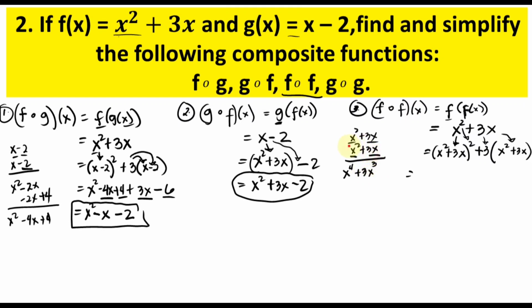Then 3x times x squared that is 3x cubed plus 3x times 3x that is 9x squared. So simplify that is x raised to 4 plus 6x cubed plus 9x squared.